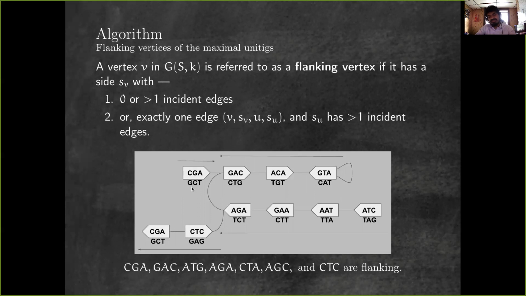Its front side has zero edges, and that makes it a flanking vertex. For the vertex CTC here, both its sides have a single unique edge, but one of its sides is connected to this side of AGA that has multiple incident edges at that side, which makes CTC a flanking vertex. This way, you may enumerate all the flanking vertices if you have the graph at hand.